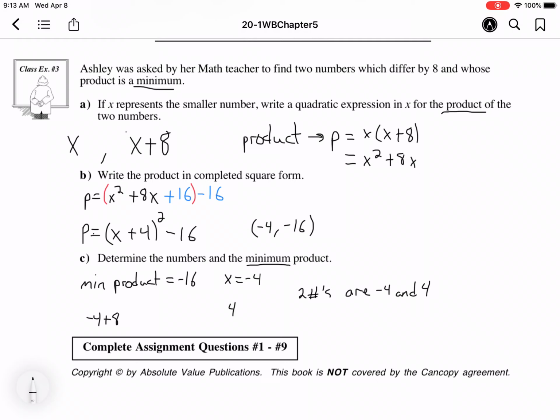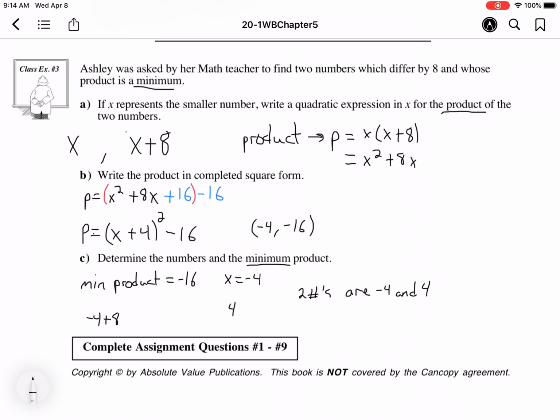All right, and so there is this concept that you could have 0 in there, right? You could have 0 in there, but 0 is not less than -16.